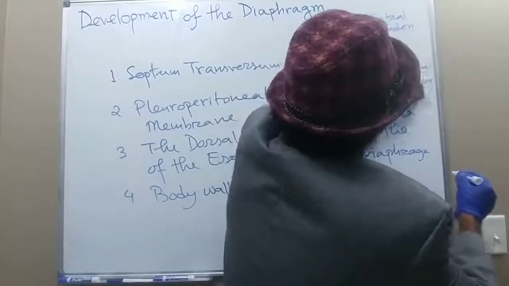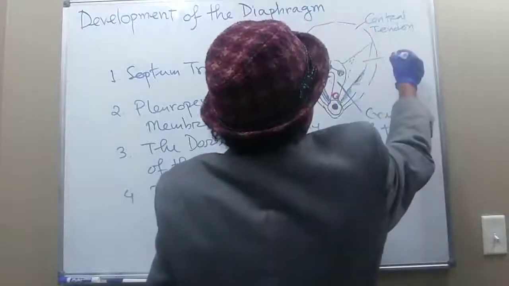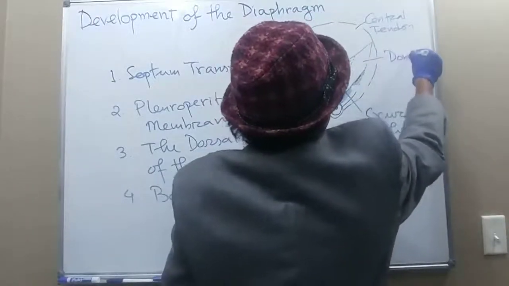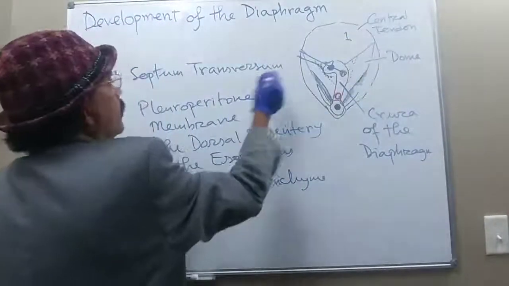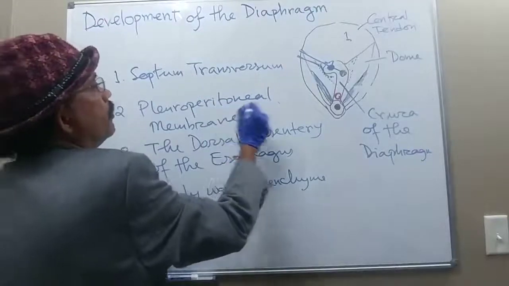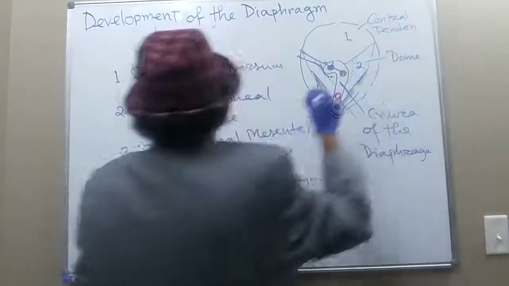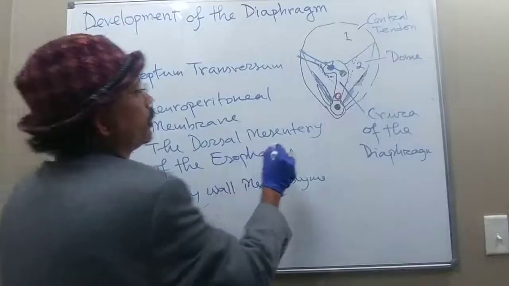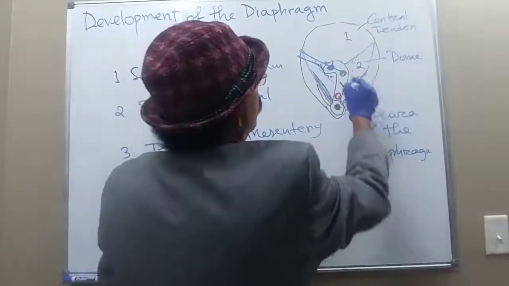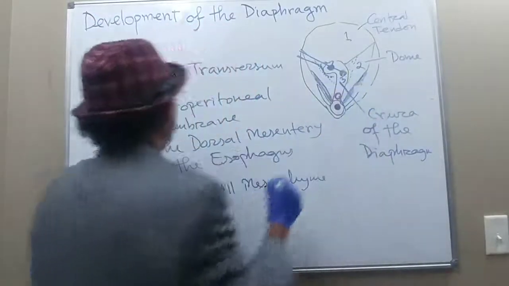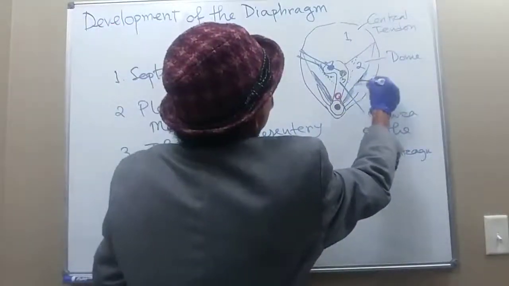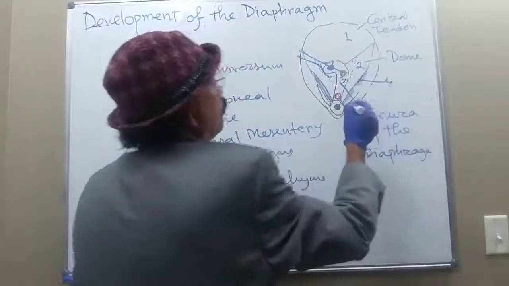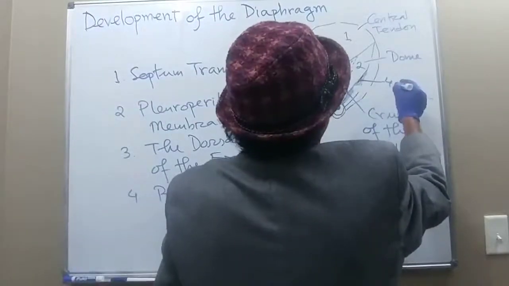Okay, so number one, central tendon from septum transversum; the pleuroperitoneal membrane gives the domes; the dorsal mesentery of the esophagus is number three, and the body wall mesenchyme is number four.